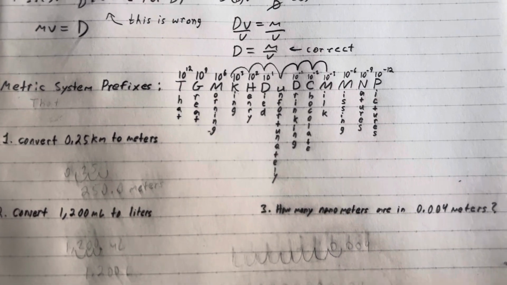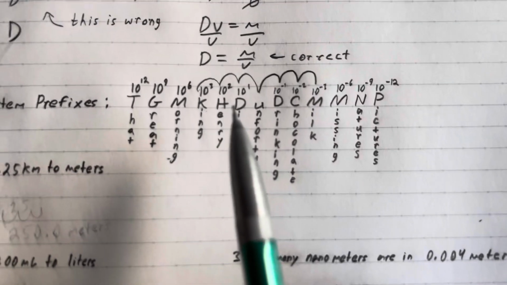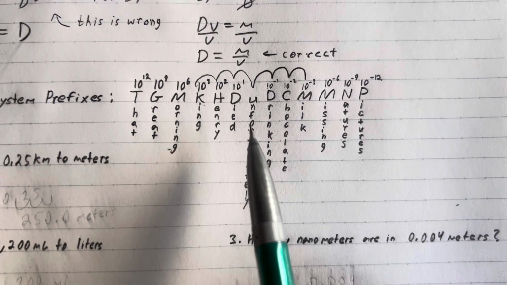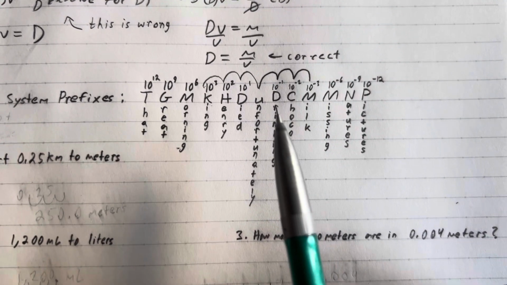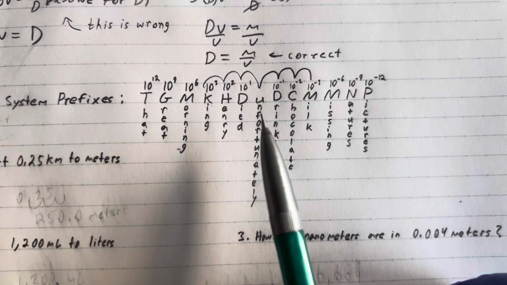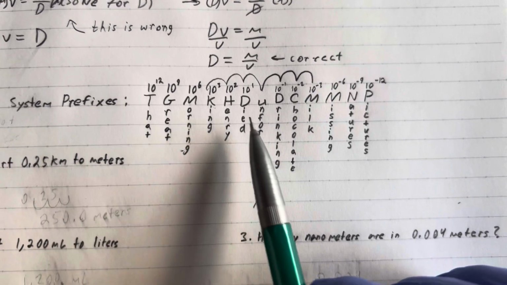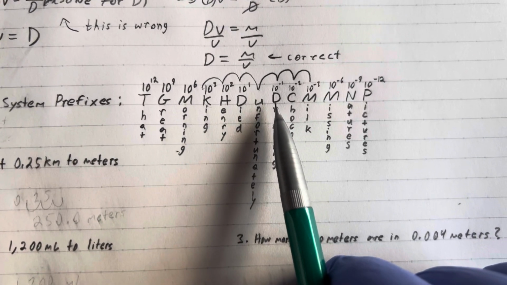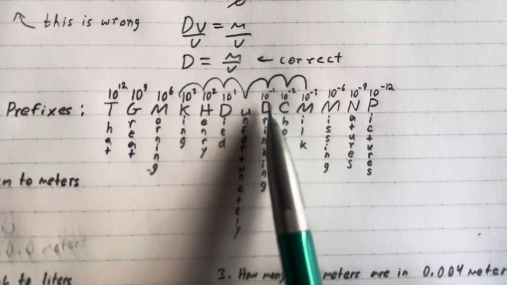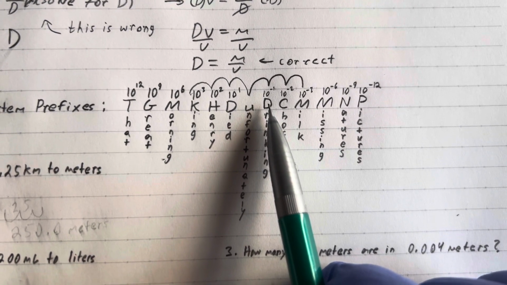So how does this work and what do these mean? The U in the center stands for the unit. The unit can be grams, meters, liters, whatever the base unit is, that's what U is. Now, these letters correlate to the prefix. The D matched with 10 to the negative 1 stands for deci.